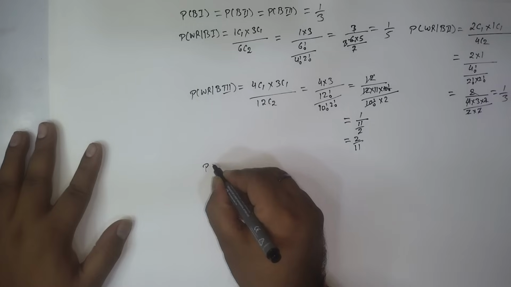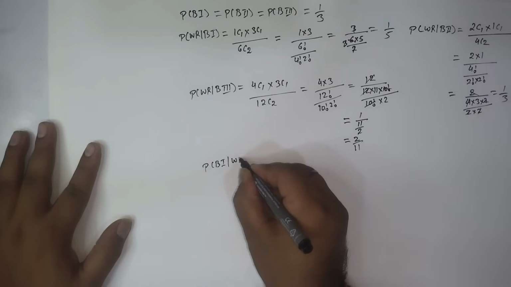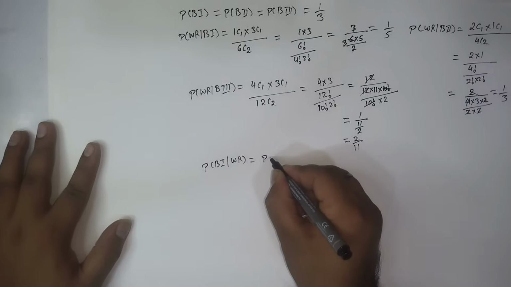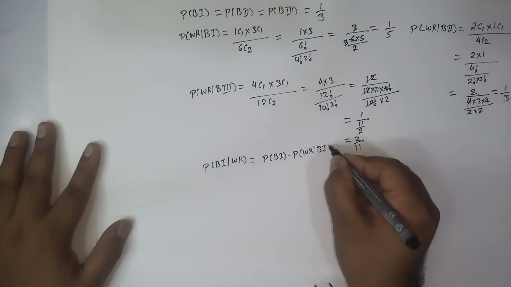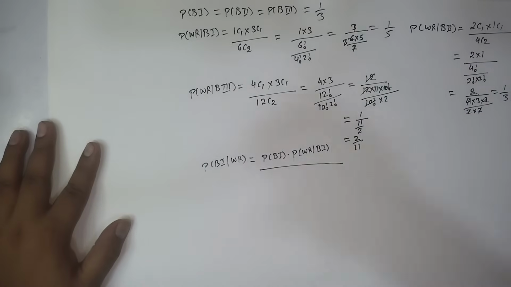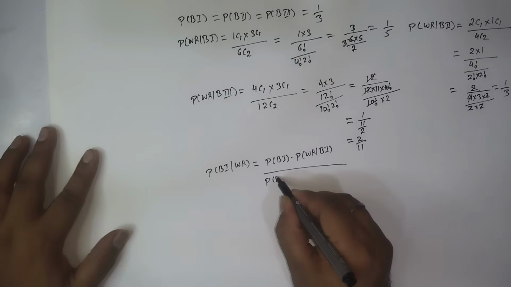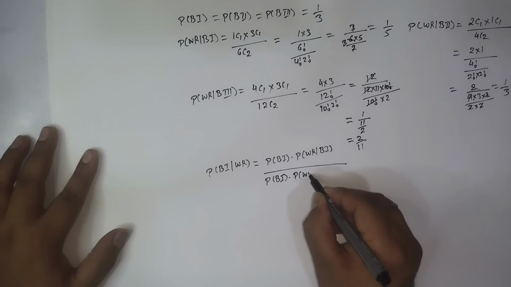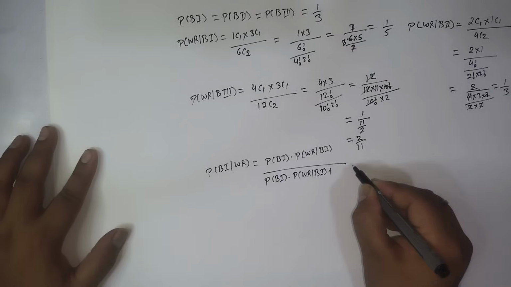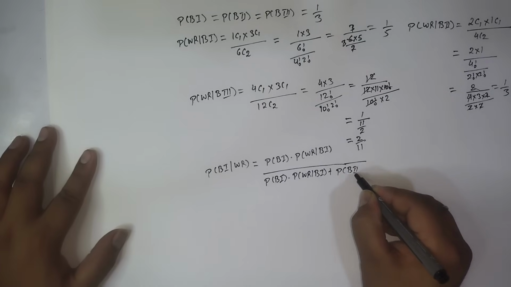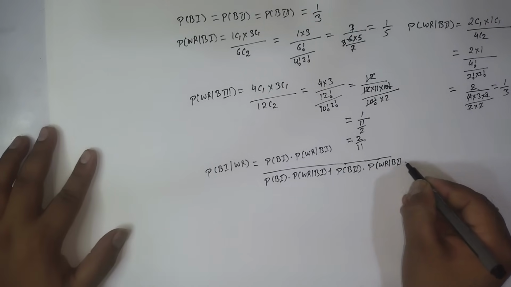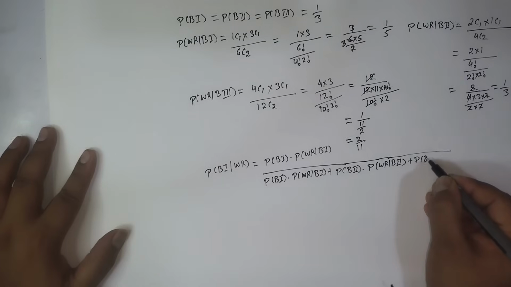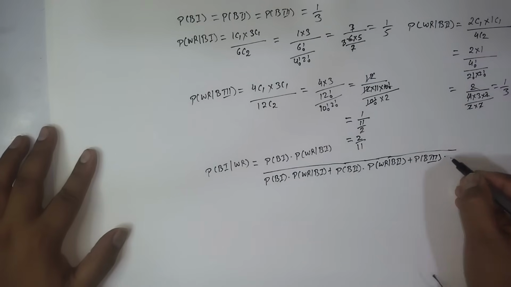So probability of bag 1 given white and red balls are drawn will be probability of bag 1 into probability of white and red under bag 1, divided by probability of bag 1 into probability of white and red under bag 1, plus probability of bag 2 into probability of white and red under bag 2, plus probability of bag 3 into probability of white and red under bag 3.